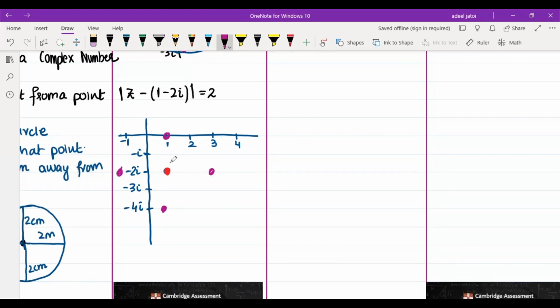So this will become your circle from the distance of 2 centimeter in all the sides. If you just note 2 centimeter, 2 centimeter, this represents the distance of 2. This represents the center of the circle.